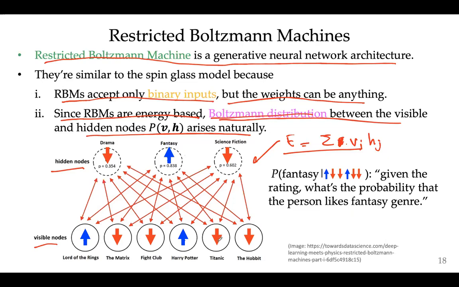Given these inputs, this model tries to infer, for the person that made these choices, whether that person likes fantasy movies, for example, or science fiction movies. For this particular selection, it turns out that the highest probability is that the person likes fantasy, not drama, and not science fiction.